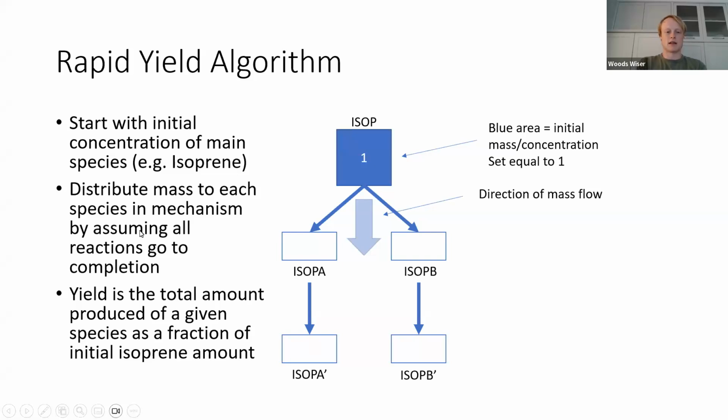Distribute the mass in the mechanism by assuming all reactions go to completion. And the yield is the total amount produced as a fraction of the initial isoprene amount. That yield can actually be more than 1, as we talked about, but it's per mole of isoprene, how many moles of X do we get?